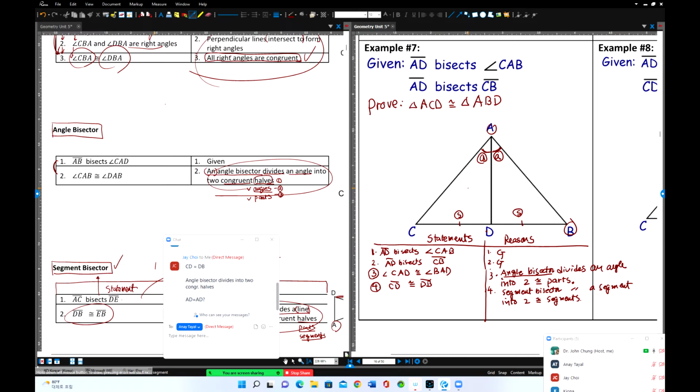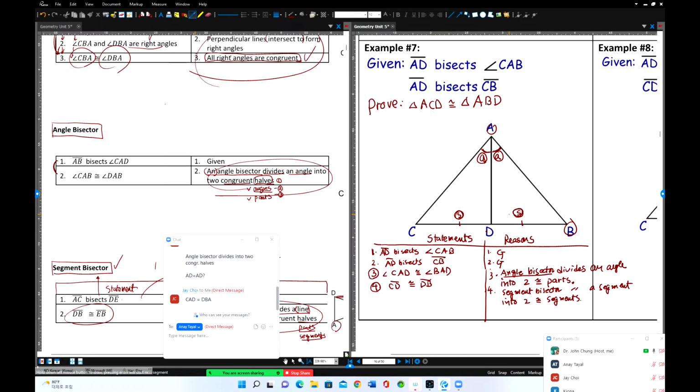Anybody can give us the third one? You got the angle. You got the side. We need one more. Anybody can give me one more?